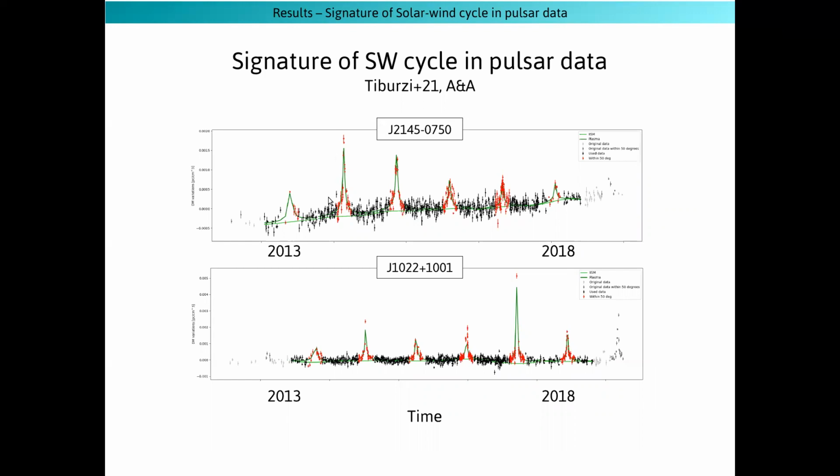In particular, some pulsars are seeing a decrease in the amplitude of the signature of the solar wind, passing from the solar maximum to the solar minimum. Other pulsars, especially the most ecliptic ones, are not showing the same feature, and this is currently under examination.